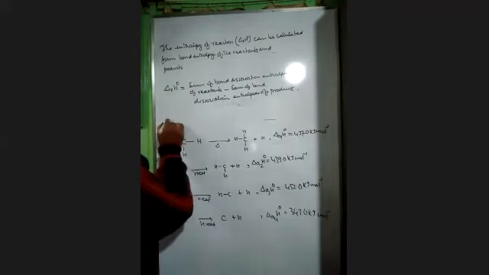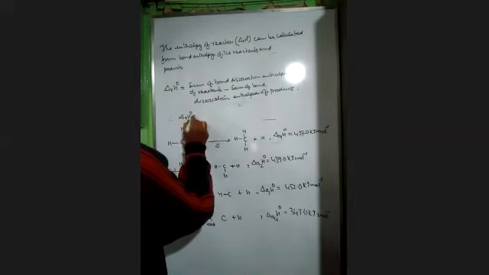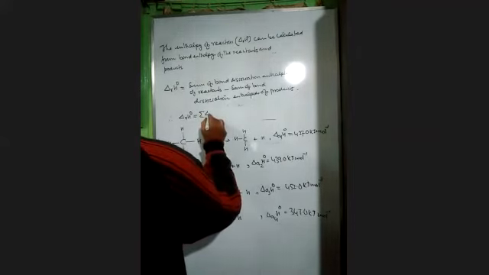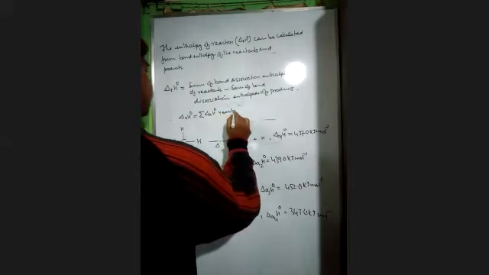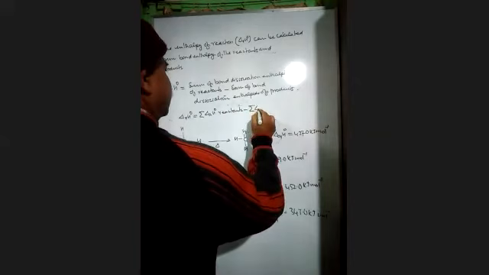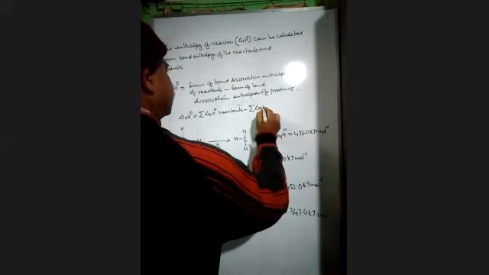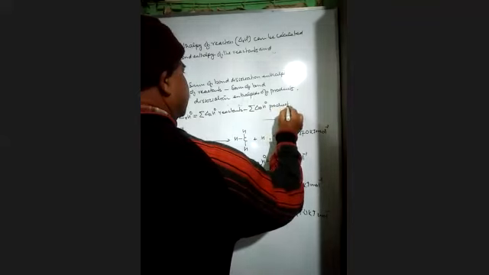Okay, so I can write therefore delta R H0 is delta A H0 reactants minus delta A H0 products. We'll do some numerical later on.